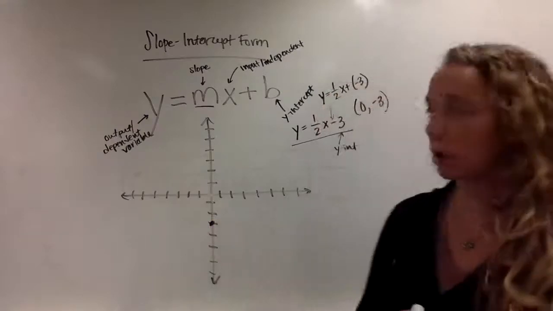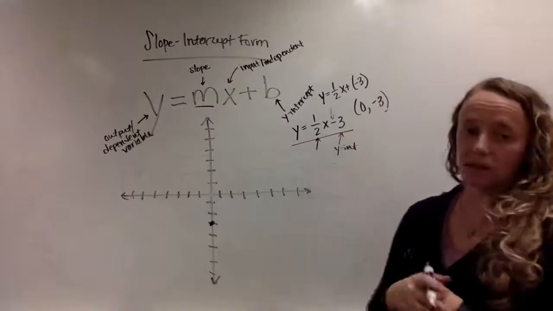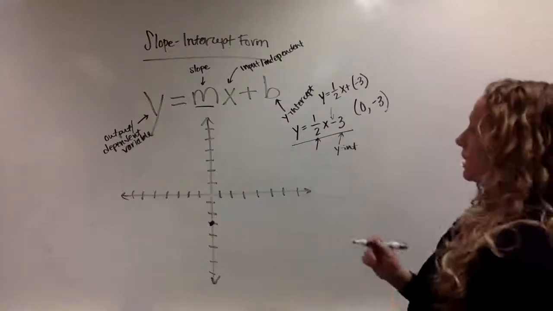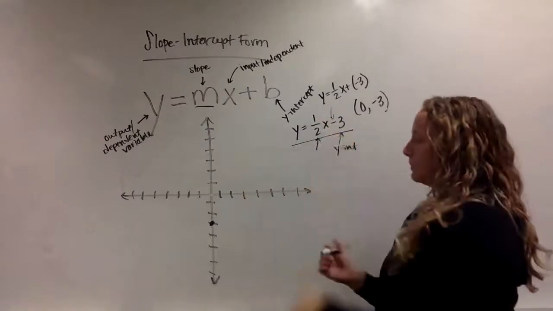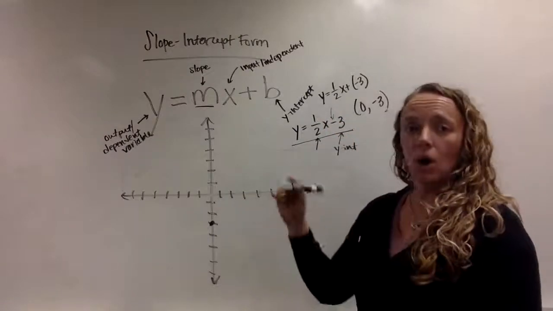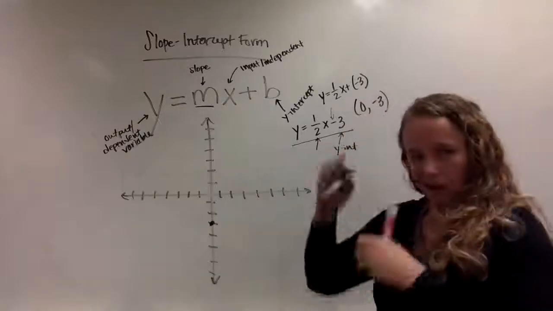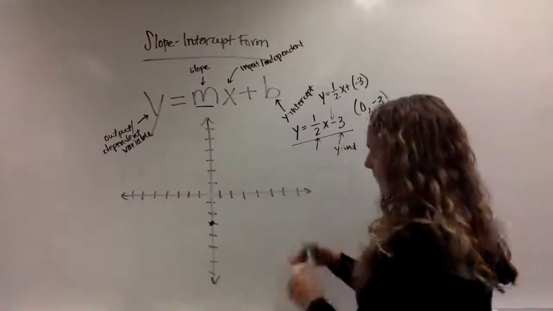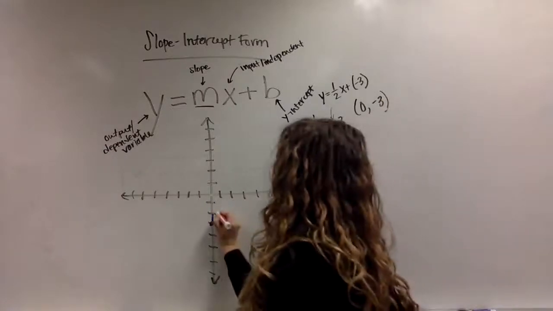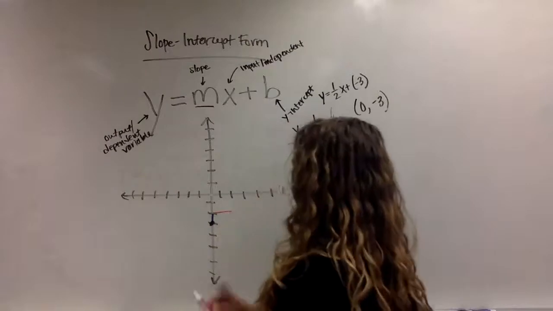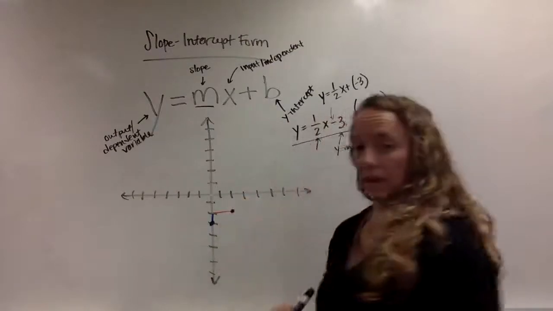That's where I'm starting. Then from there, I'm going to use my slope, and I love that it's already written in rise over run format, so I can see the rise of 1 and a run of 2. I'm just going to plot those numbers over and over again. I'm going to go up 1 unit, over 2 units, and make a dot.